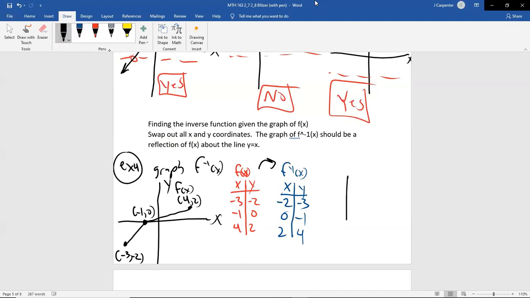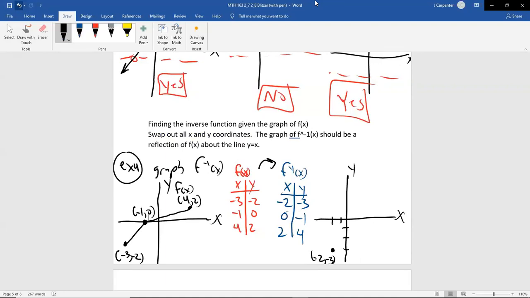So now let's graph the inverse function. So (-2, -3) would be left 2 and down 3. So maybe like here. I wrote the numbers backwards. I scaled it appropriately, but (-2, -3), so that would be left 2 and down 1, 2, 3.